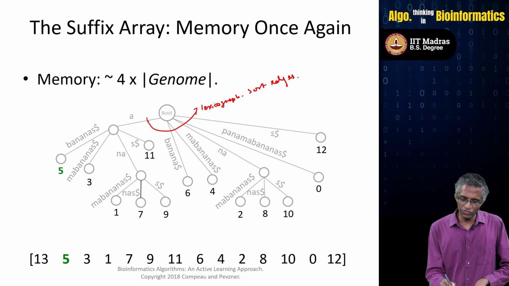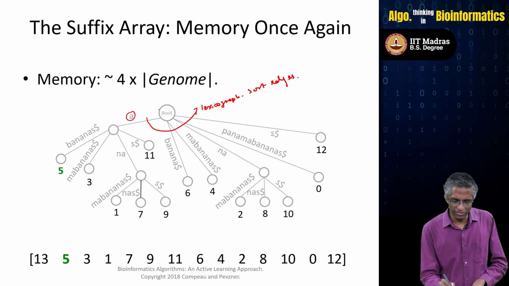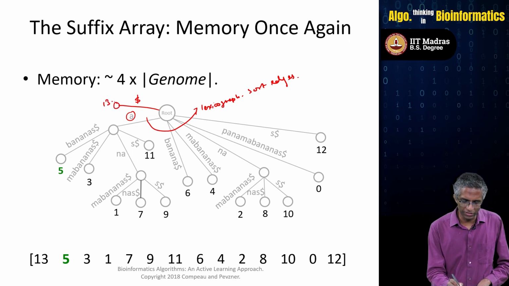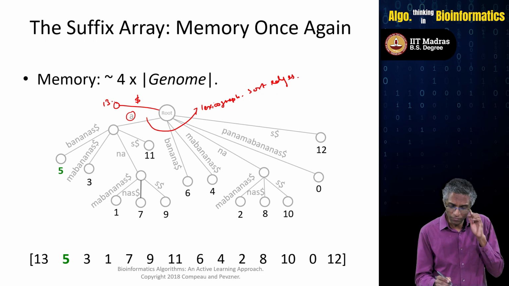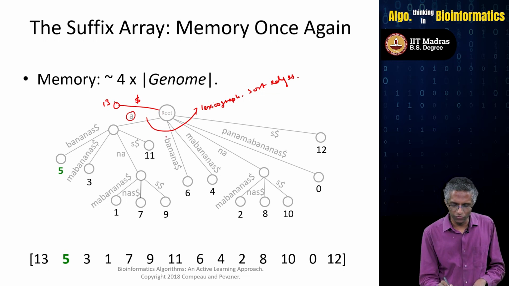If in your suffix tree you lexicographically sort your edges, there is also a dollar that is not being shown here, but let's say there is also a dollar here, and that will be the 13th position. So you have a dollar that always comes before A, which comes before B, which comes before M, which comes before N, which comes before P, and P comes before S.